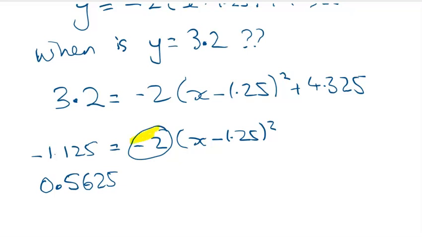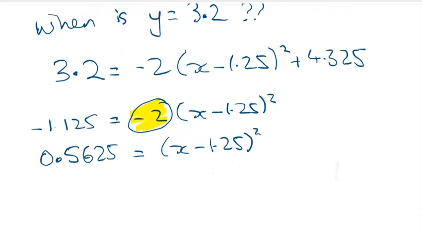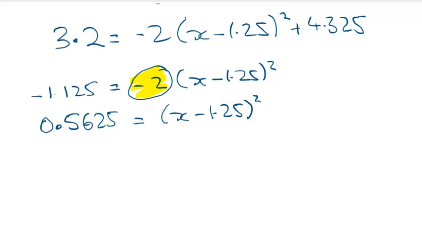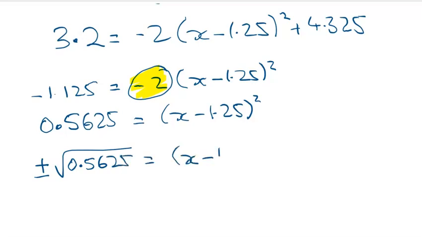All I'm doing here is dividing both sides through by negative 2, is equal to x minus 1.25 squared. Now I can take the square root of both sides at this point, but I have to remember that I could be dealing with either the positive or negative version of that square root. So that's square rooting both sides.